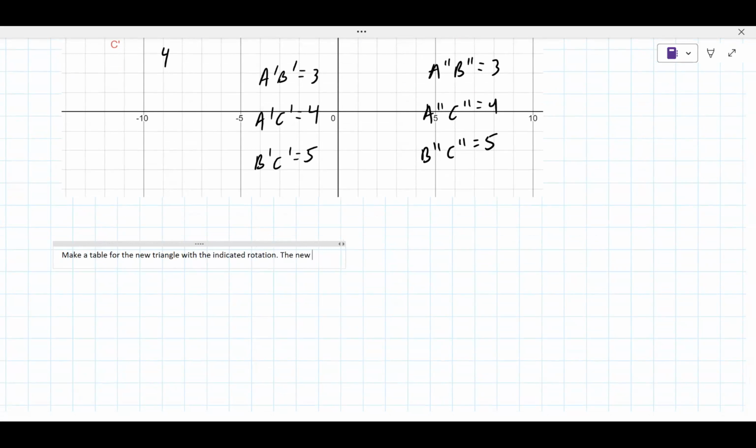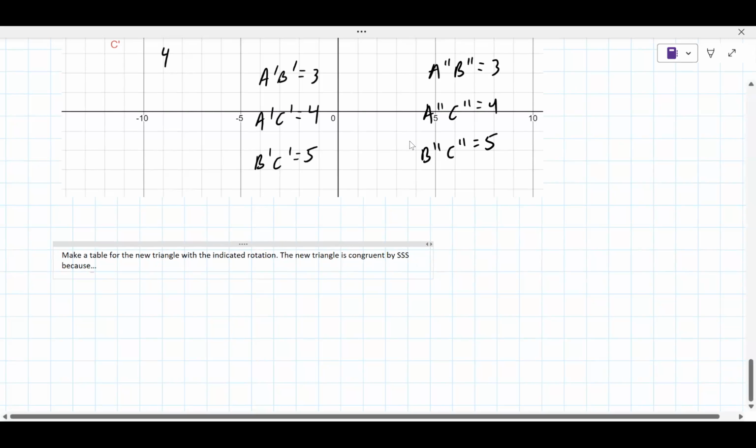The new triangle is congruent by SSS because, and then that's where you have to show your calculations.